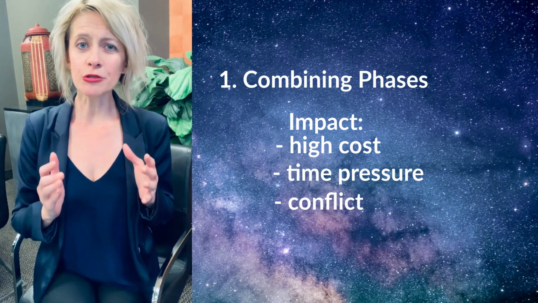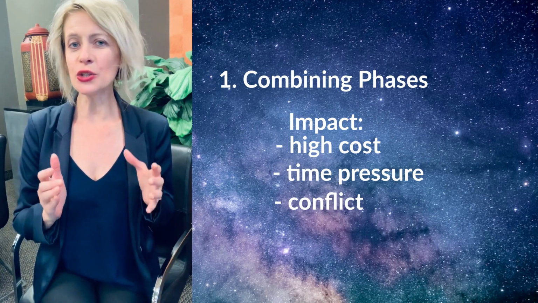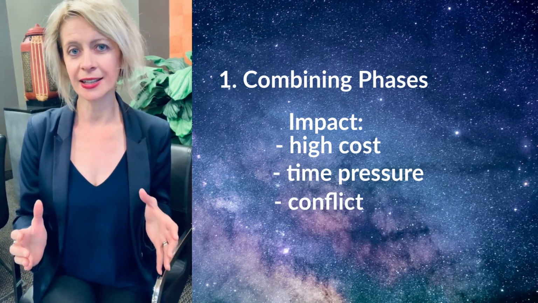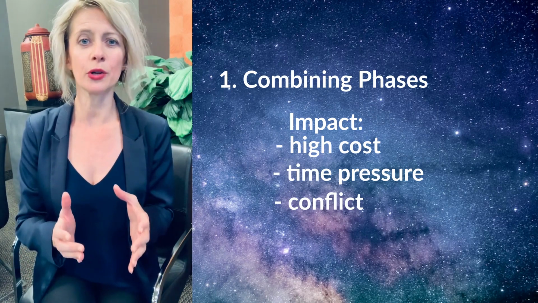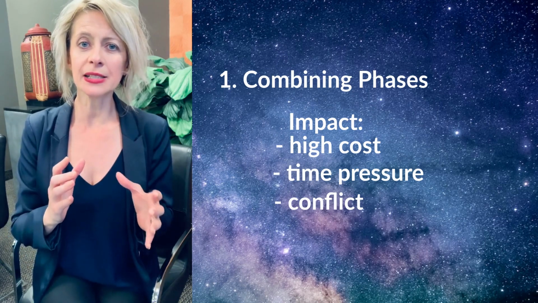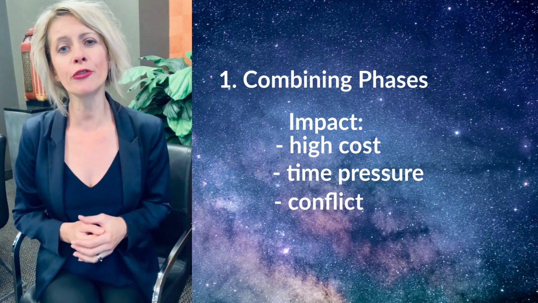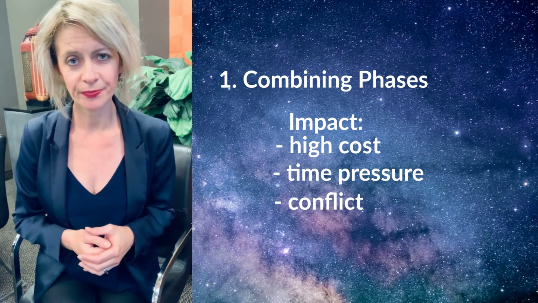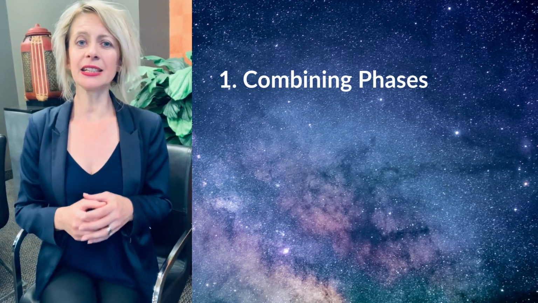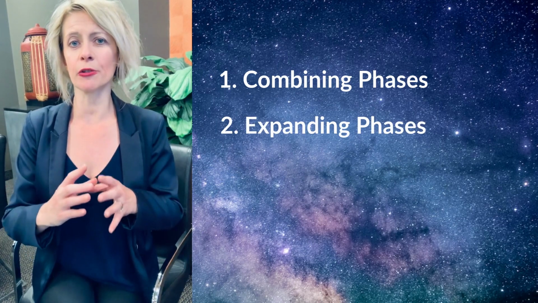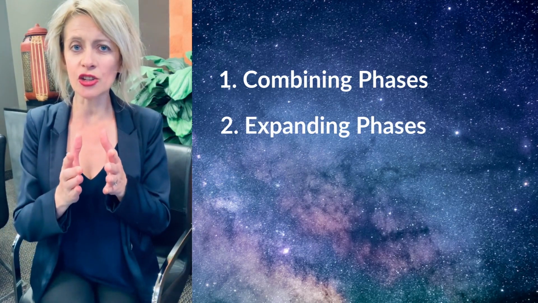So it is critical to understand that you can't just cut out phases. The work needs to go somewhere, but we can reorganize what work can be done when to achieve a more fit for purpose approach. The second way to scale is to expand the stages of phases by adding an extra gate.